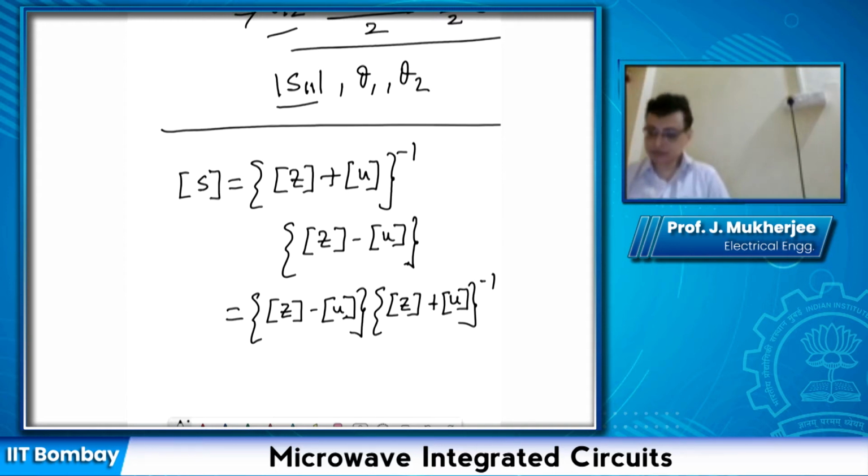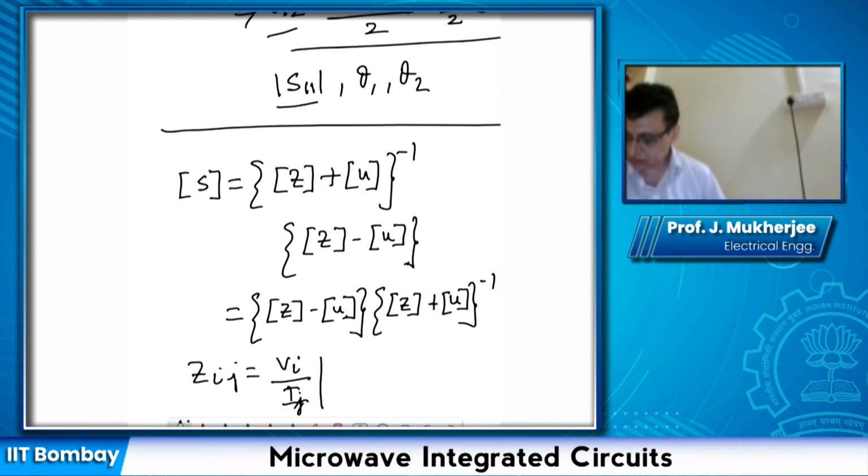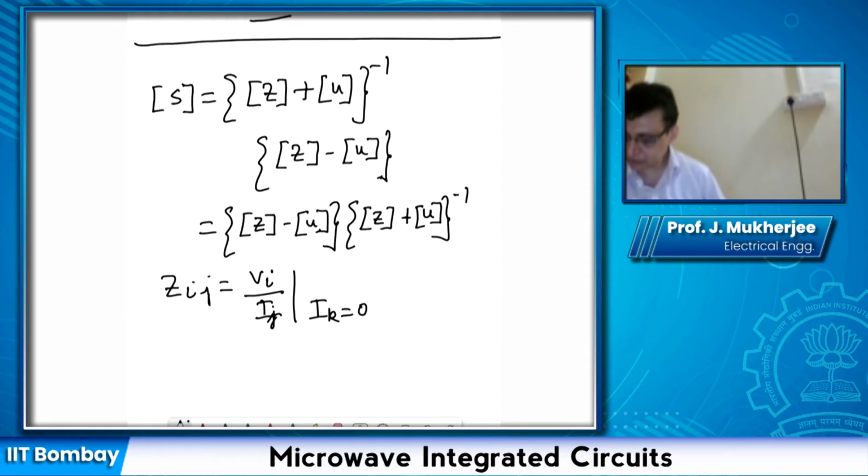Now Z parameters, you know, right? We can find out how Zij was defined. It is Vi upon Ij, with Ik equal to 0, k not equal to j. So this is quite simple, right?